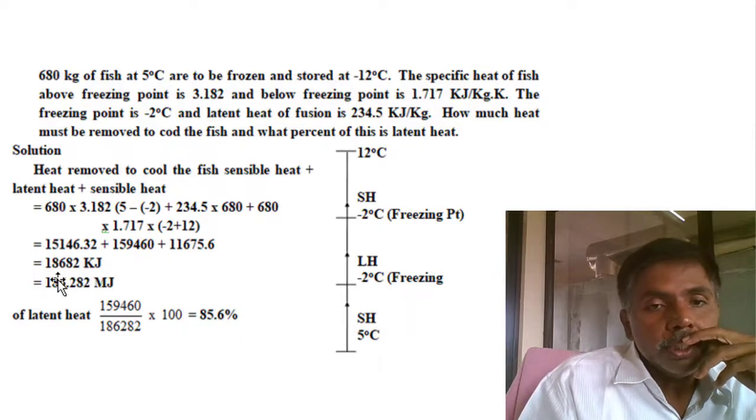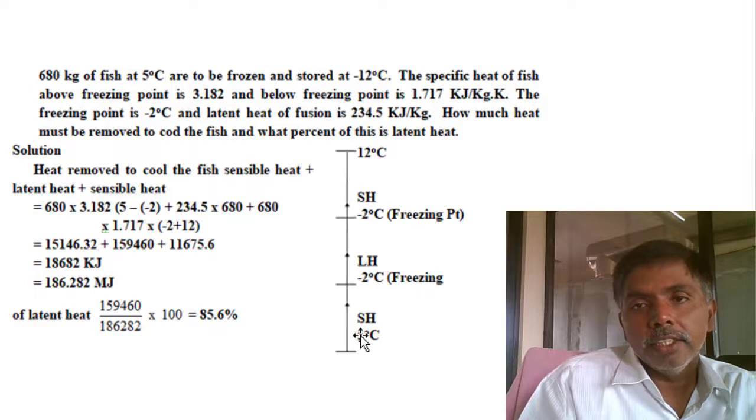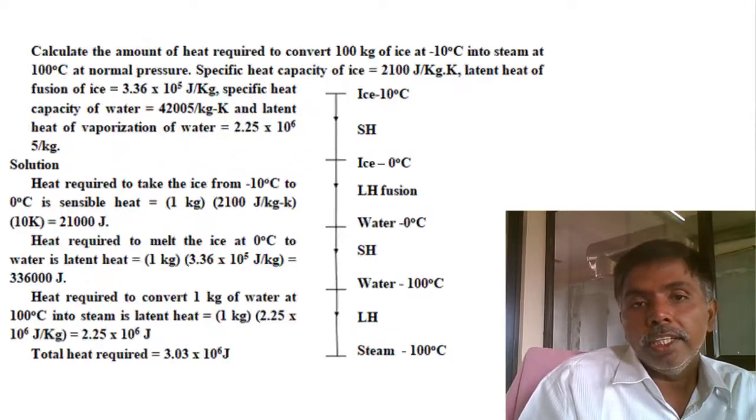Totally we will get 18,682 kilojoules. Out of that, what is the percentage of latent heat? This latent heat divided by total energy, automatically we will get around 85 percent is the latent heat. Simple: two sensible heats and one latent heat.